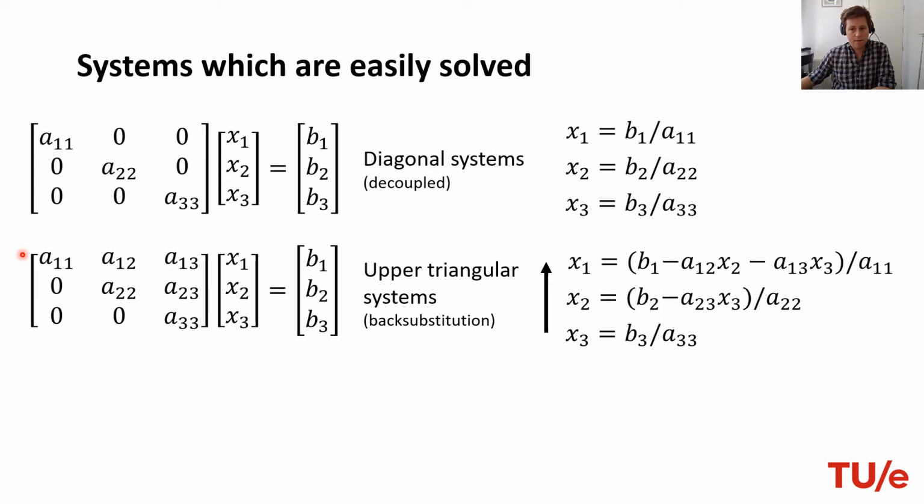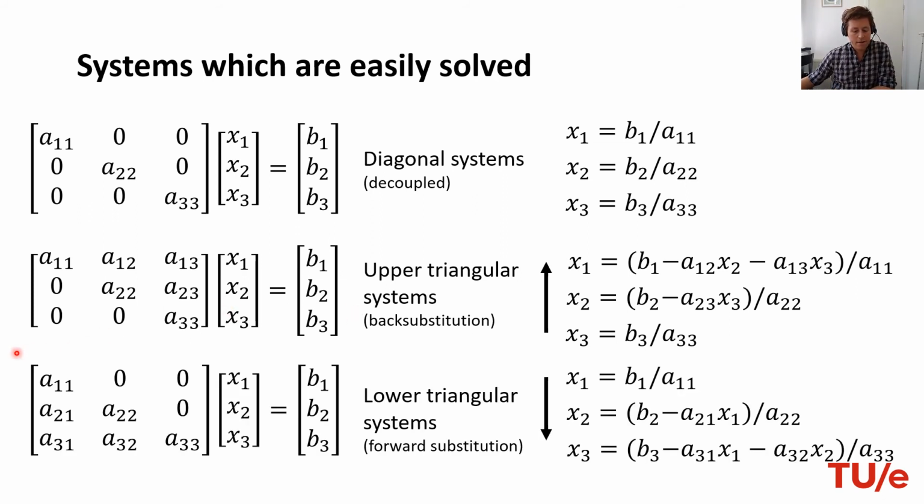However, x2 and x3 are known from previous steps, so we can simply make an explicit formulation for the unknown x1 using the known values of x2 and x3. So we can solve this by starting from the last row and working our way back to the first row, every time substituting in the values for the unknowns that we compute in the lower rows. And that's why it's called back substitution.